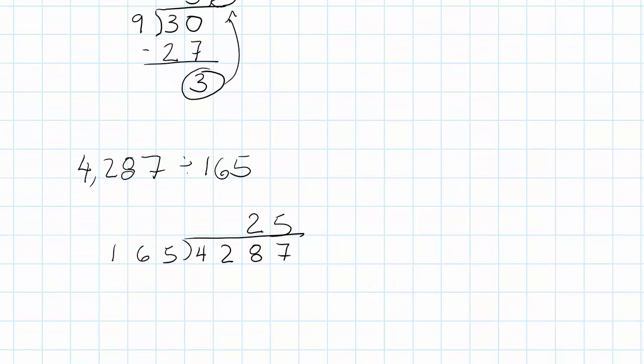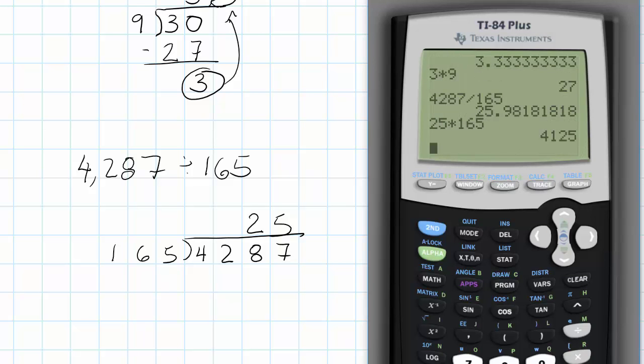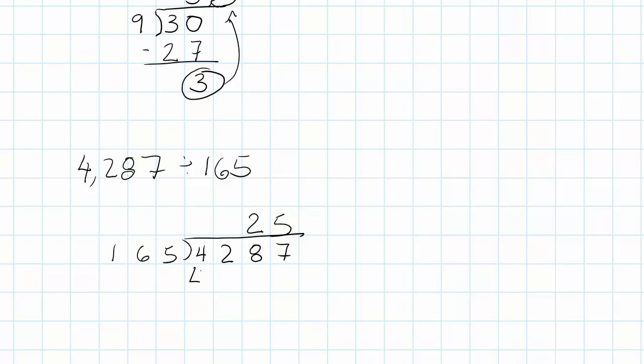How much stuff? Well, 25 groups of 165. That's 4,125. Subtract that off. 7 minus 5 is 2. 8 minus 2 is 6. 2 minus 1 is 1. We have 162 left over.